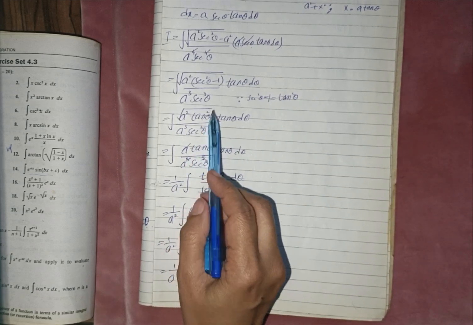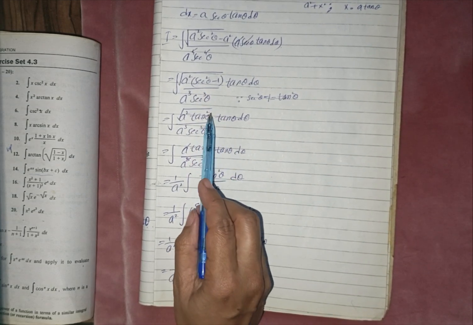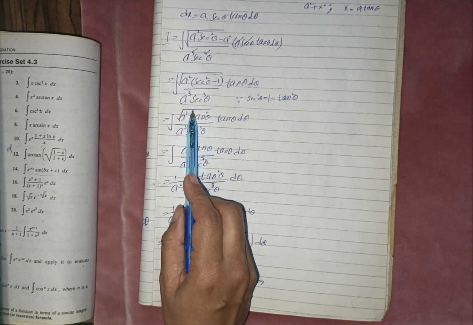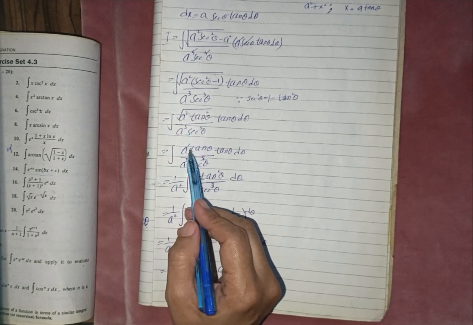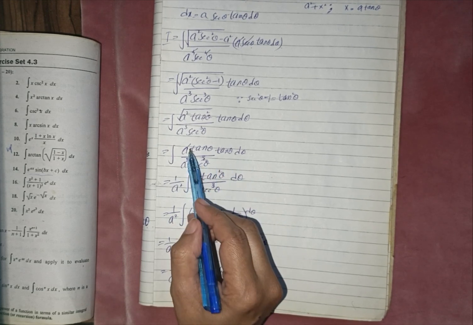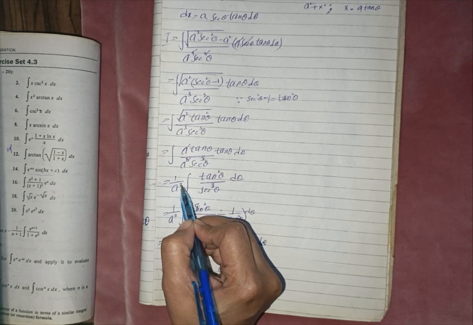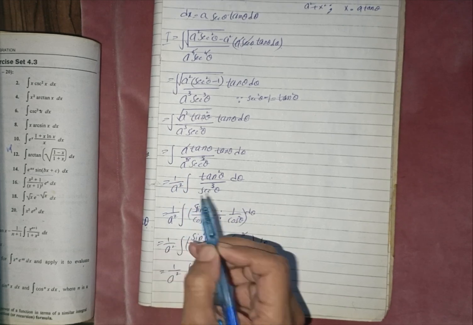The square cancels out with the square root, and we will have a tan theta upon a cube secant cube theta tan theta d theta. A and a cube will cancel out and give 1 upon a square.